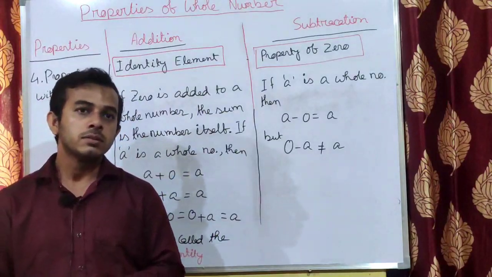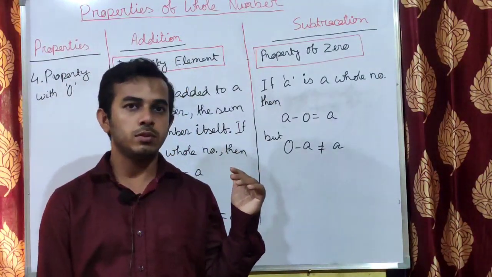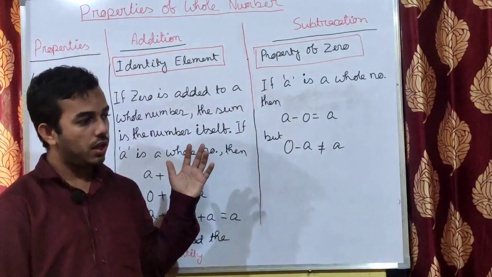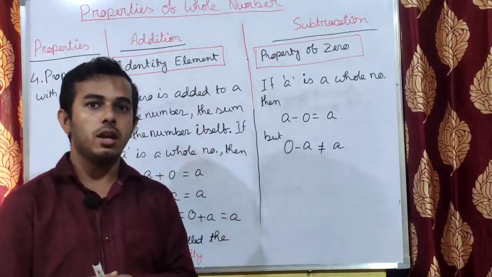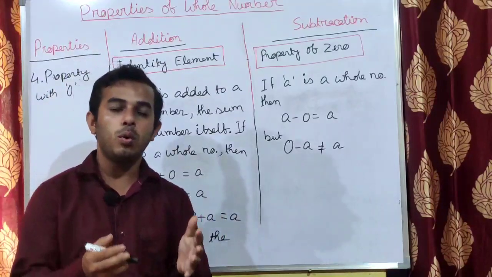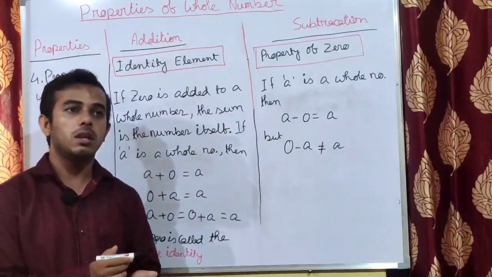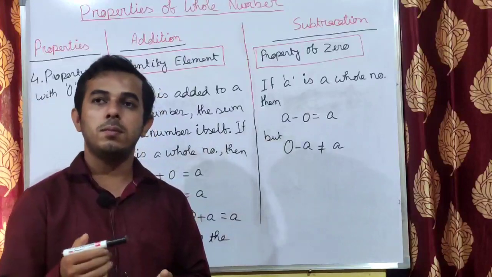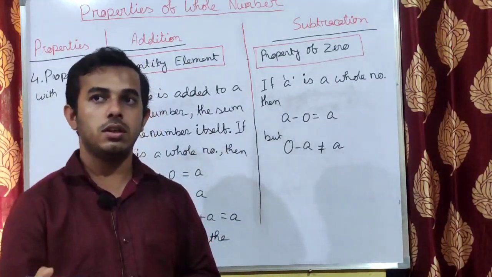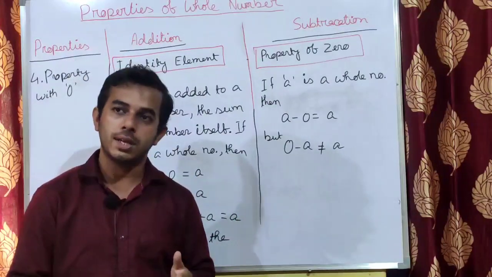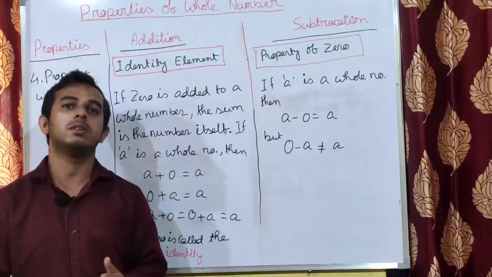Second was commutative property, right? Here in commutative property, when we add two whole numbers, that is a plus b, the result is same as b plus a also. But in subtraction, the results are not same.